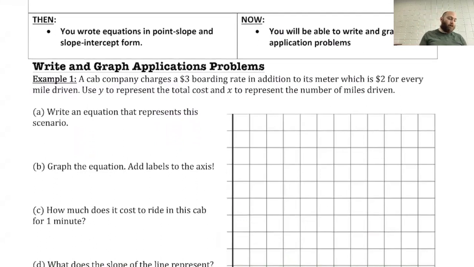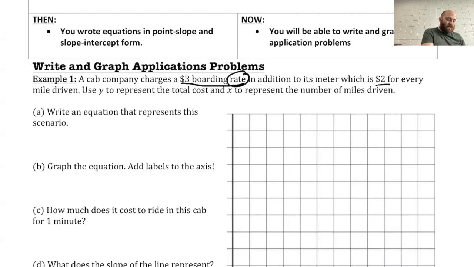So here's our example. A cab company charges a $3 boarding rate. There's a key word there, right? Rate. In addition to its meter, which is $2 for every mile driven. So I could write that as $2 per mile.